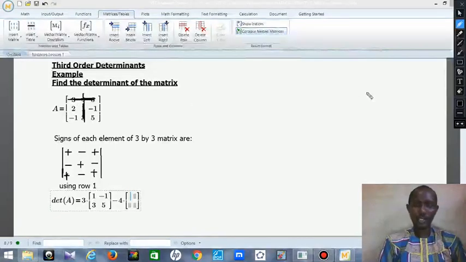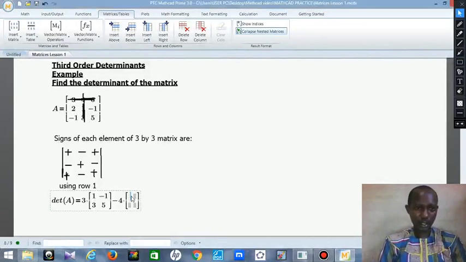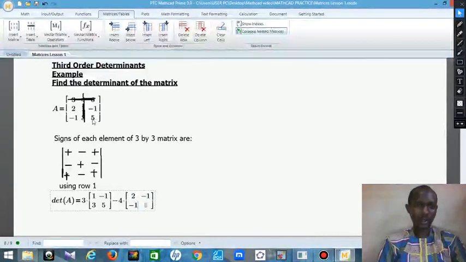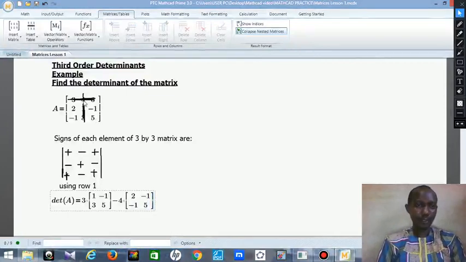After covering this, you are seeing 2. You write it here. Then minus 1, then this other minus 1, which will be here. Then you are left with 5. Put your 5 here. Very, very important. You pick 4 out, and the sign attached to 4 is minus 4.